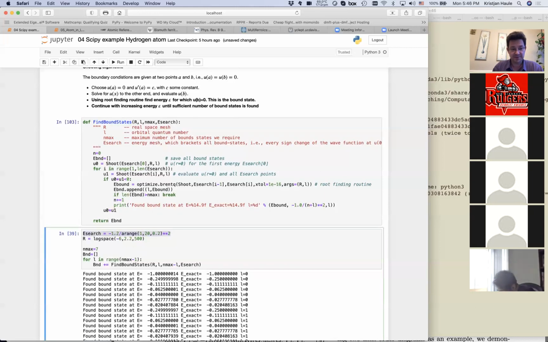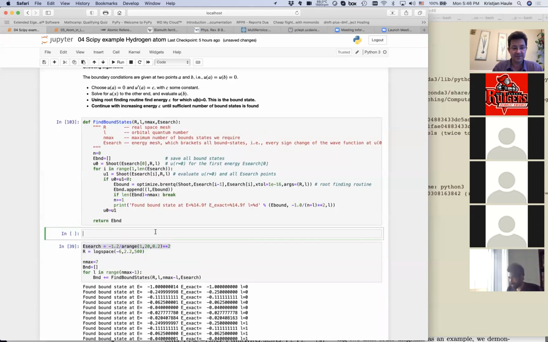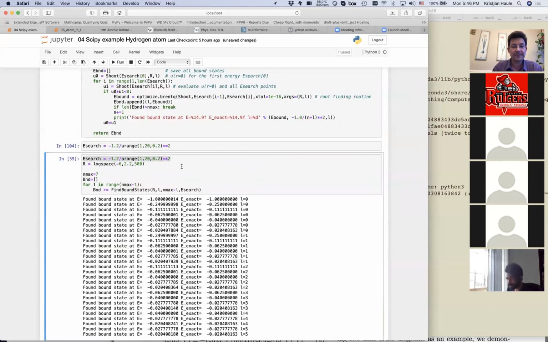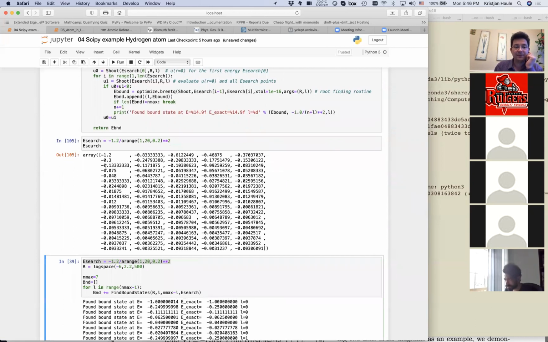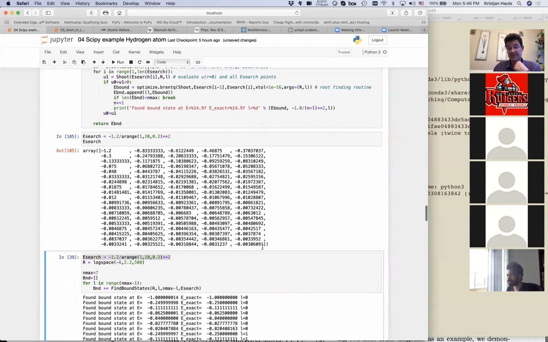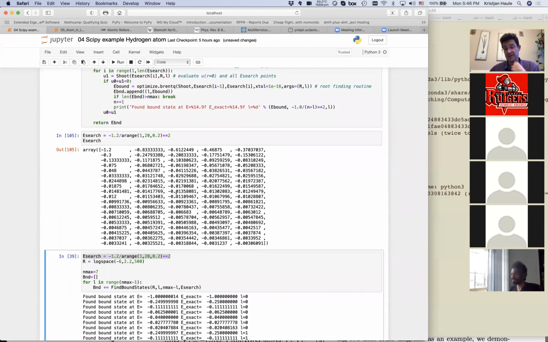To demonstrate what exactly that means, let's look at the search mesh. We're going to start with minus 0.2, then minus 0.08, and so on. And you see this gets denser and denser close to 0. Okay, so that's the mesh on which we're going to evaluate the function.